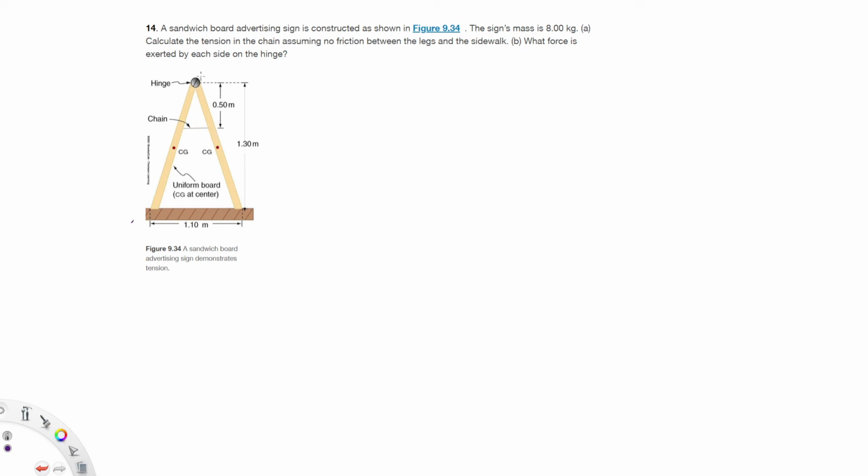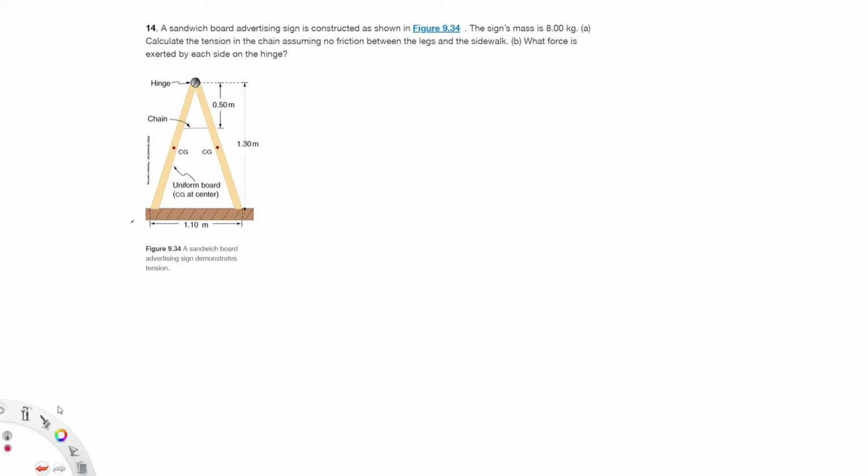There is a hinge where they are allowed to rotate. Okay. Let's go. We need to add a little more detail.